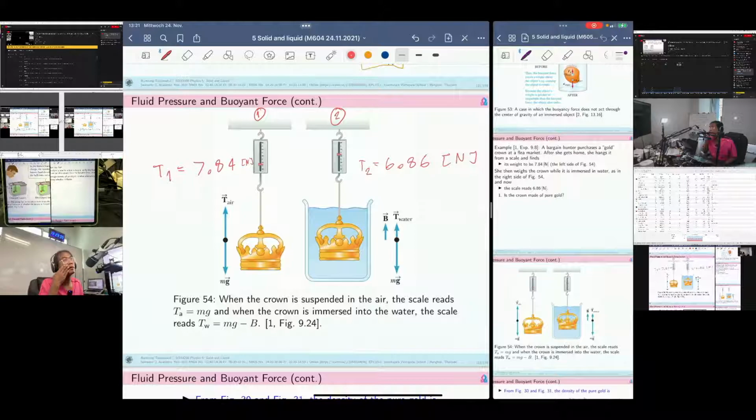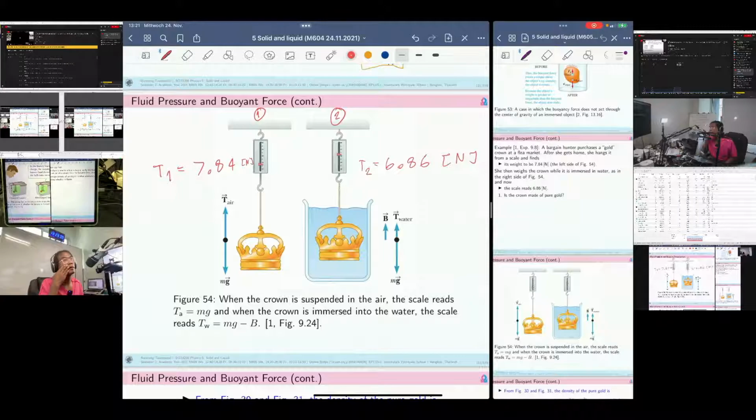You may notice that you need to know the actual condition of this object, right?